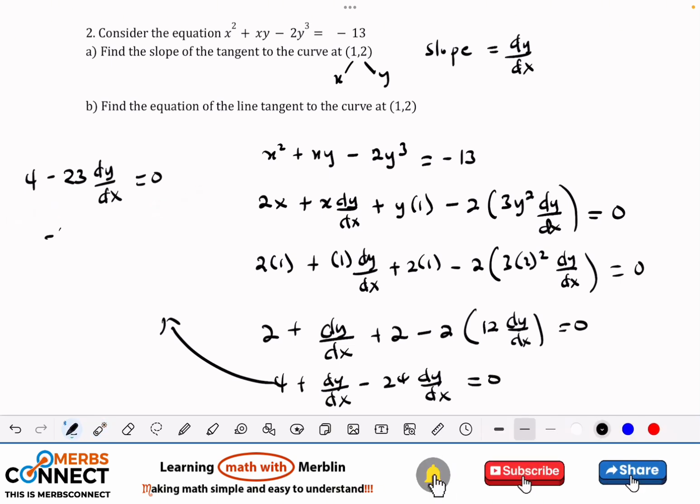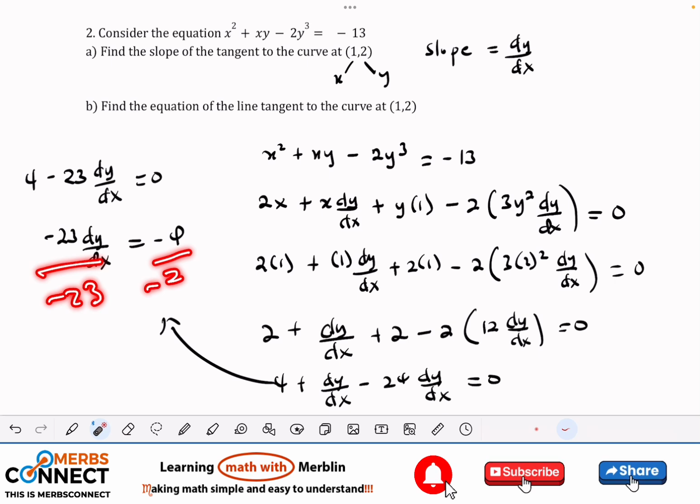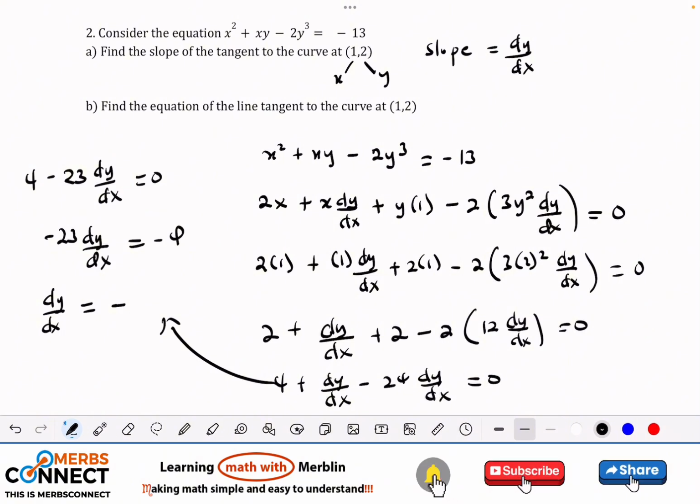So I'm going to have minus 23 dy over dx, which is equal to minus 4. Then I will divide this by minus 23, divide this by minus 23. So dy over dx will be equal to minus 4 divided by minus 23. Minus will cancel minus, and we are going to have the slope to be 4 divided by 23. So this will be the slope that we are going to use.